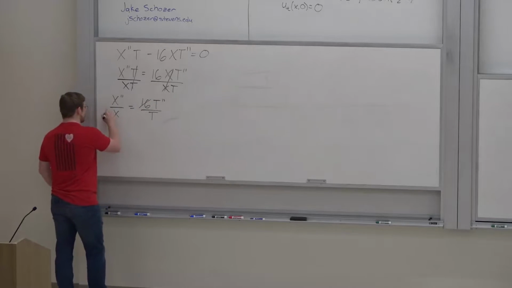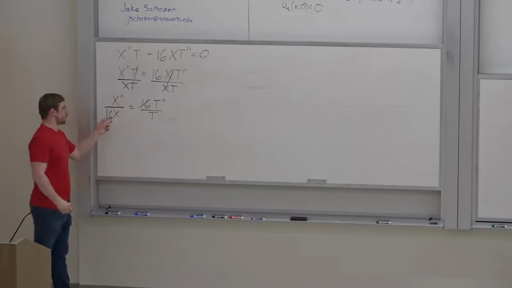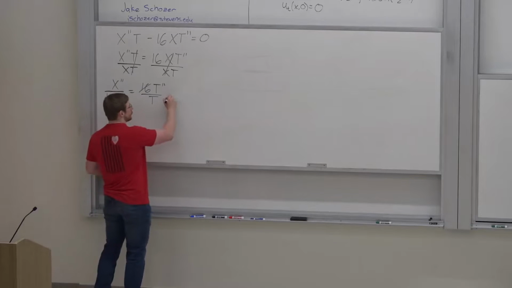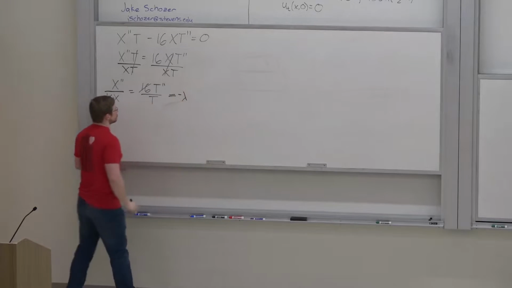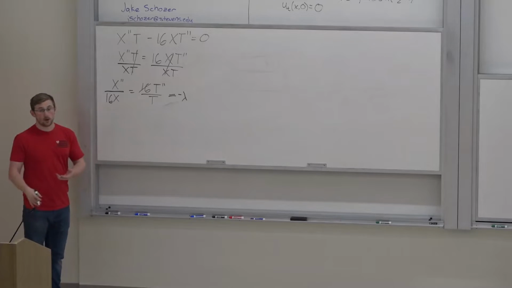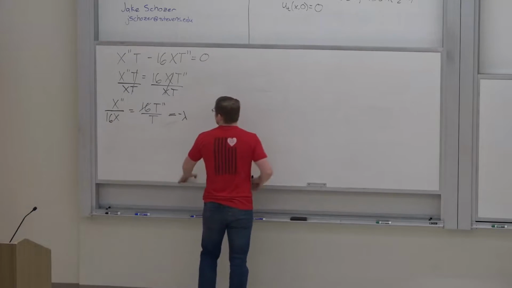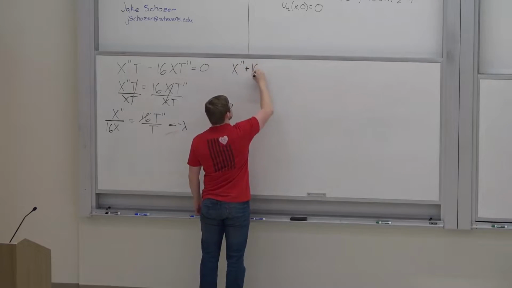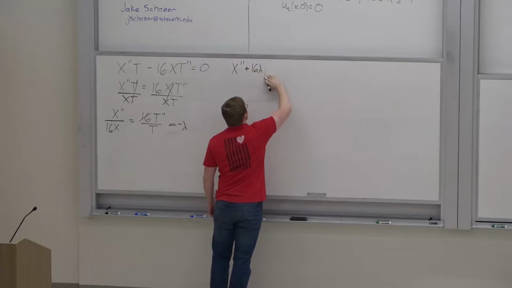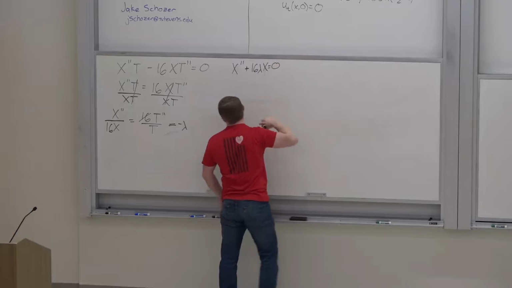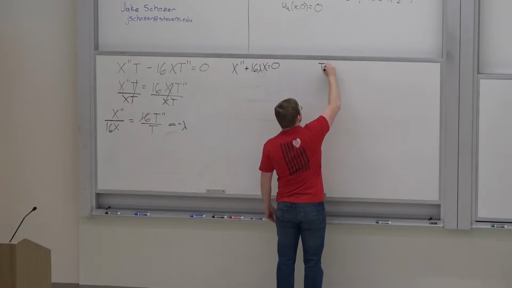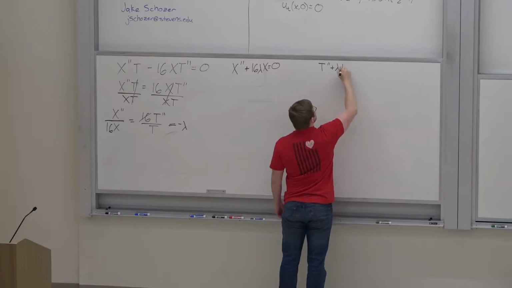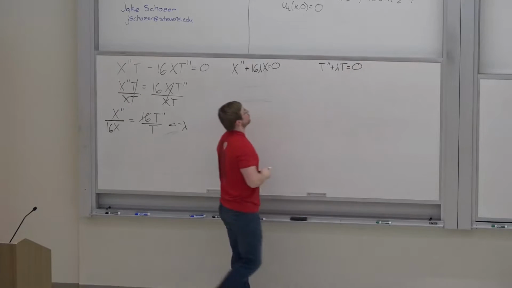So I'm going to divide over this 16 to be a coefficient in front of my capital X. Now that I've done that, I can set it equal to negative lambda, and I can write my two ordinary differential equations from here. The first one is capital X double prime plus 16 lambda capital X is equal to 0. And my other one is capital T double prime plus lambda capital T is equal to 0.